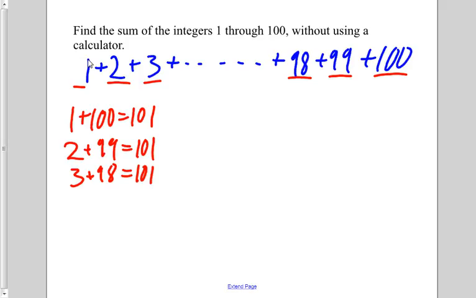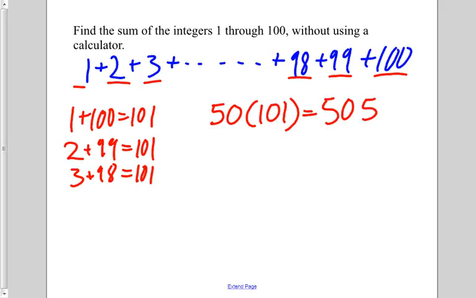He could do this for each pair of numbers, adding the first number in the sequence to the last, the second number to the second to last, etc. And what he noticed was he had 50 pairs that when added together equaled 101. So 50 times 101 equals 5,050. And this, in fact, is the solution to 1 plus 2 plus 3 all the way added up to 100. So he was later able to generalize this formula.